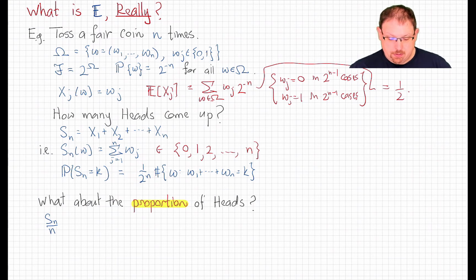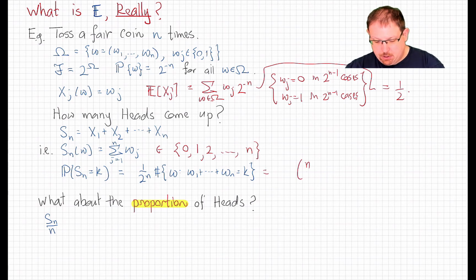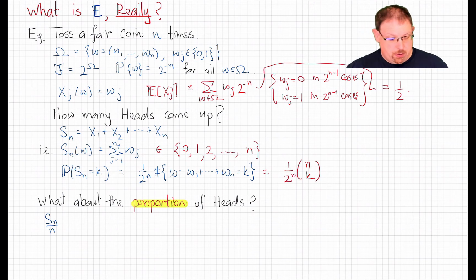Well, that's relatively easy to count. How many sequences of 0s and 1s have exactly k 1s? It's just a matter of choosing the k positions for the 1s among the total n positions. And that is counted by n choose k. And so this probability is given by 1 over 2 to the n times n choose k.